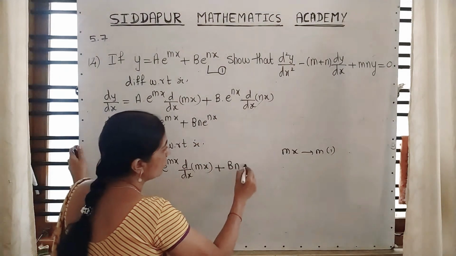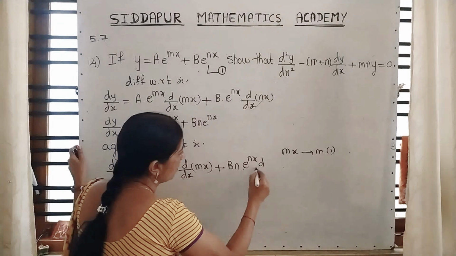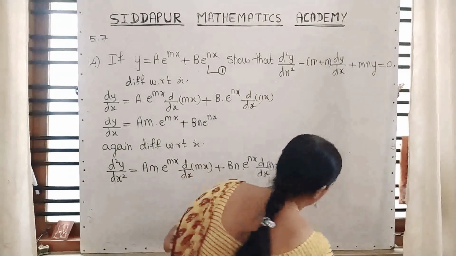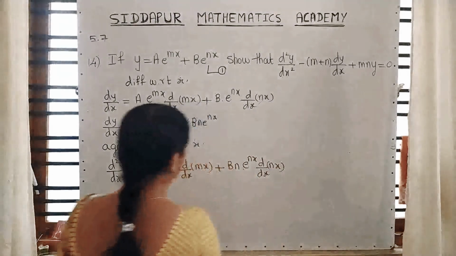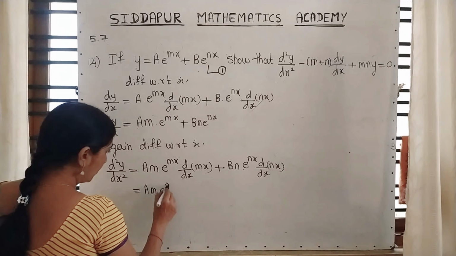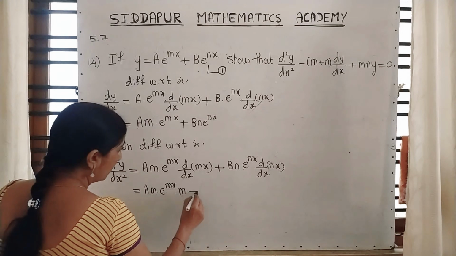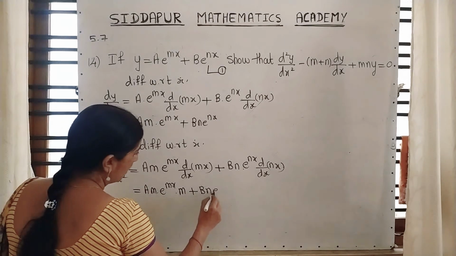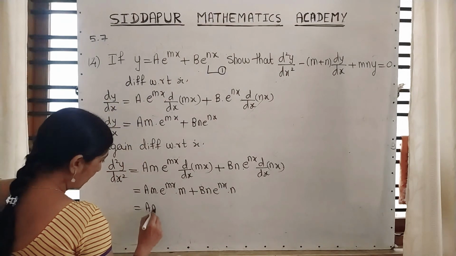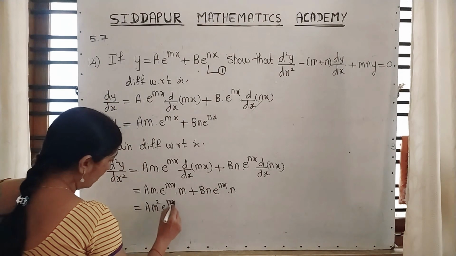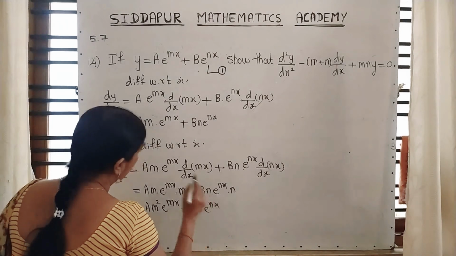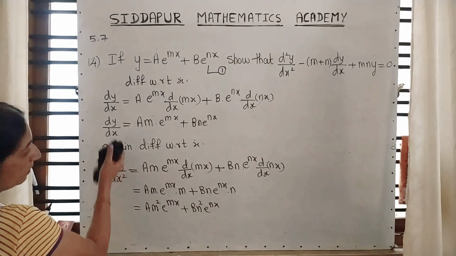Differentiation of e raised to nx is e raised to nx into differentiation of nx. This is am e raised to mx into m plus bn e raised to nx into n. That is am square e raised to mx plus bn square e raised to nx. Please note down all the steps.